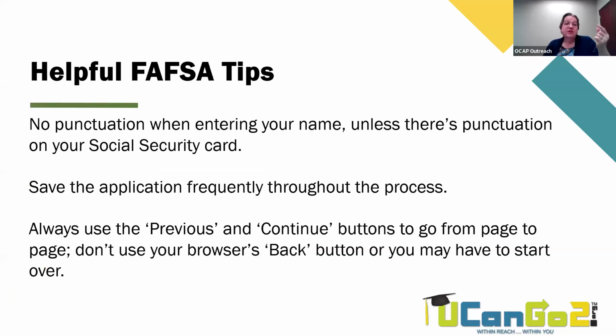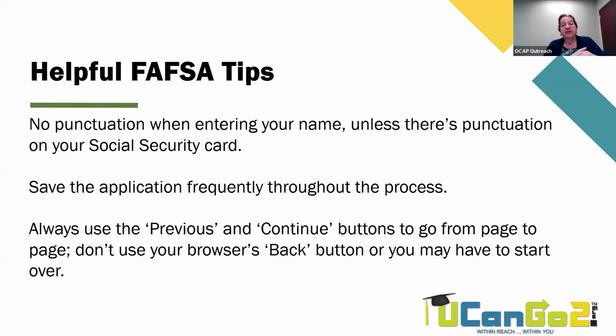Some general tips on filling out that FAFSA. You do not need to enter any punctuation except if there is punctuation on the student's Social Security card or permanent resident card. Those dashes, those apostrophes need to be added because it needs to match what Social Security has. Make sure to save the application frequently.